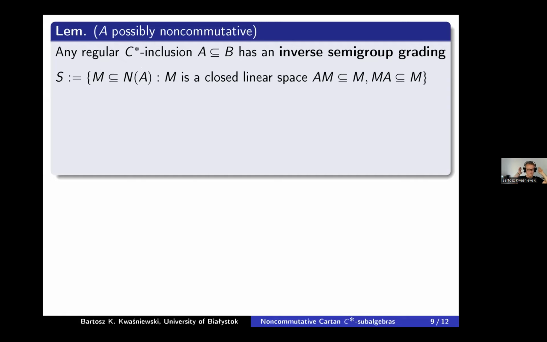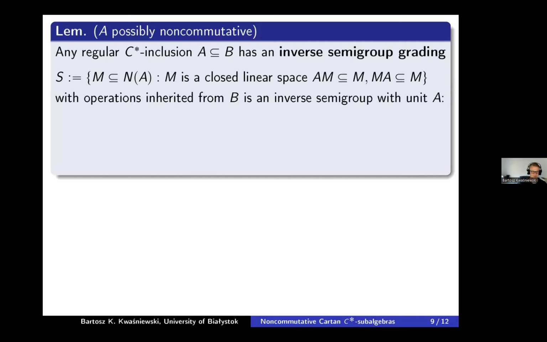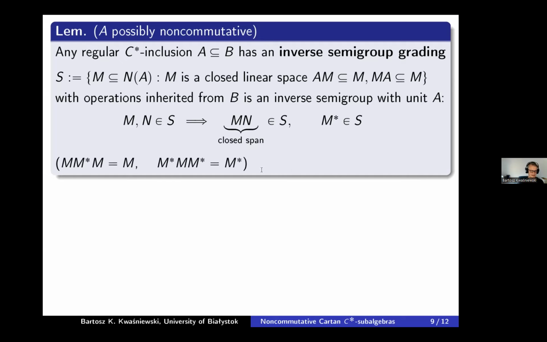So these are like Banach A-bimodules, whose elements are normalizers of A. And this forms naturally an inverse semigroup with operations inherited from B, meaning whenever we take two of these bimodules and consider the closed linear span, then this is again an A-bimodule in this class. And taking the star also does not take us out of S. And we also have these relations that are important for the definition of an inverse semigroup.